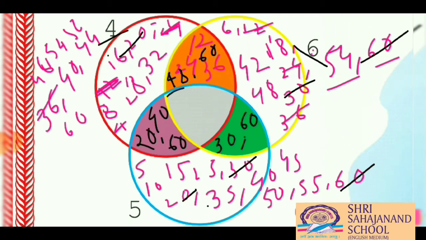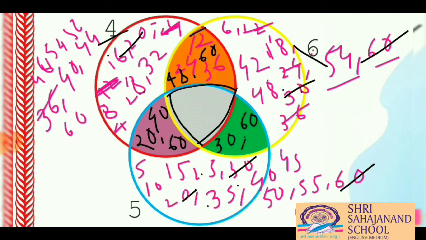Okay. So now here we have the last part, which is in gray color. Here what number we have to write? So here we will write the common multiples of 4, 5 and 6. Okay, a multiple which is common of 4, 5 and 6. So how we can find?